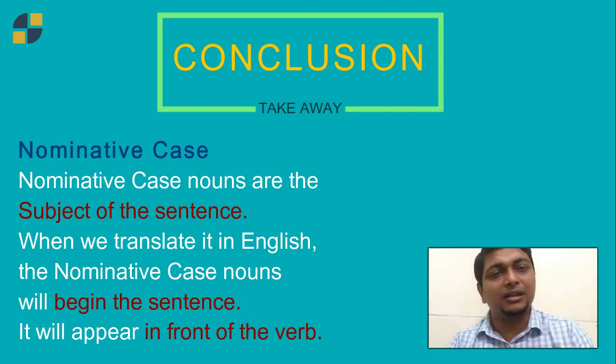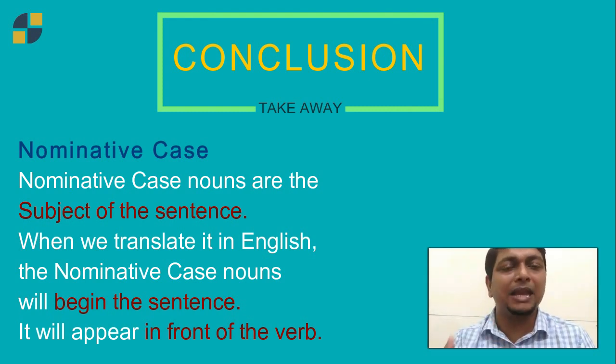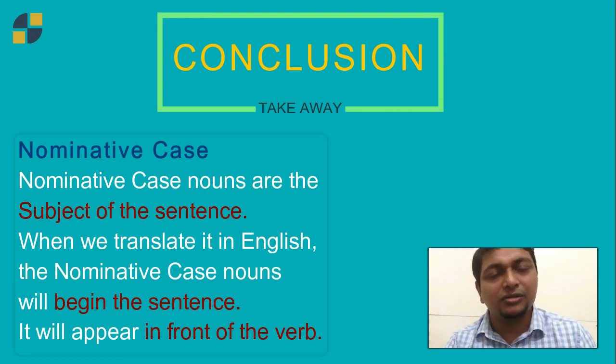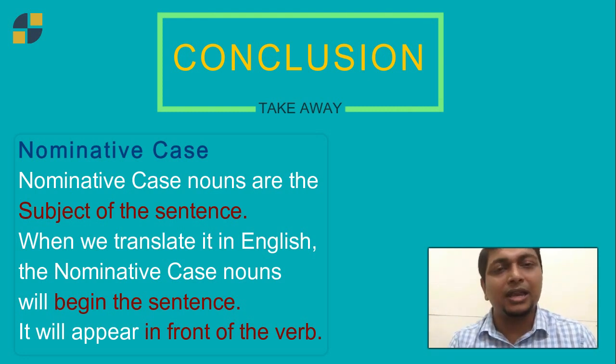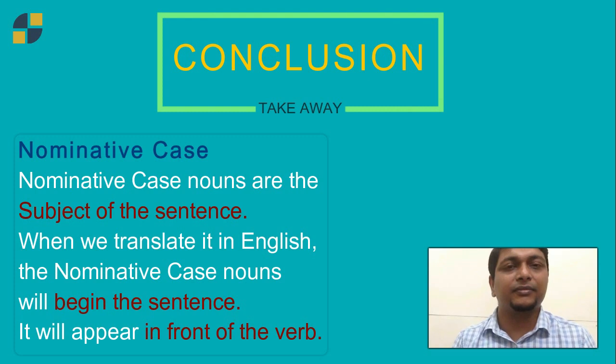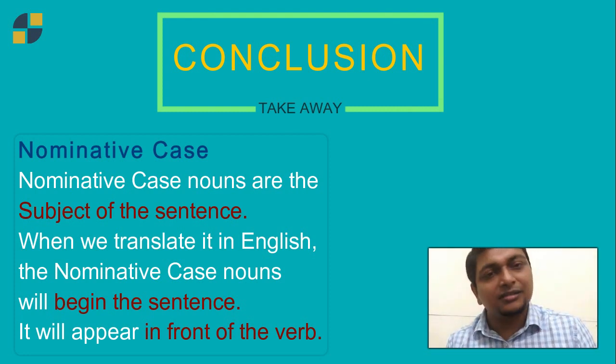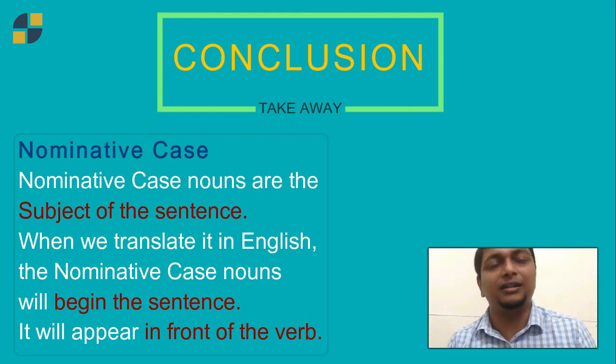In that way, when you find a noun with a nominative ending, in the context of masculine gender, it will end with os, or oi in plural form. So if you find a nominative case noun in the sentence, you begin the sentence with that word.